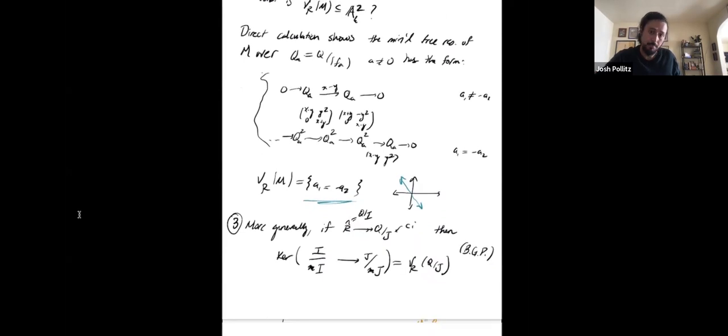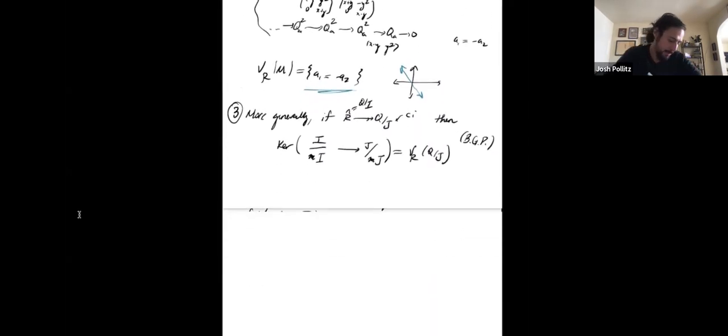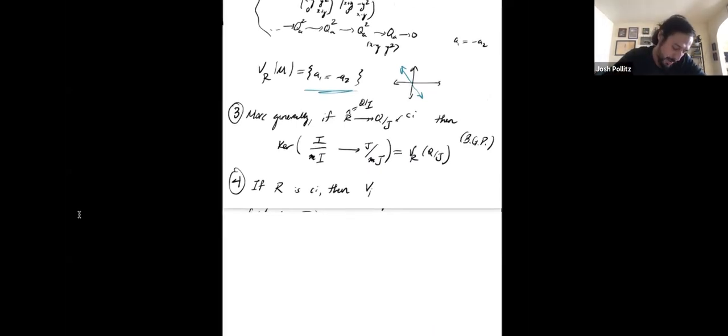Okay, so there's this example. I want to do more though. So 4, let's say R is CI. If R itself is CI, then there's a very well understood story for when a cohomological support variety can be as small as possible, a trivial cone. I guess this is if and only if M has finite projective dimension.